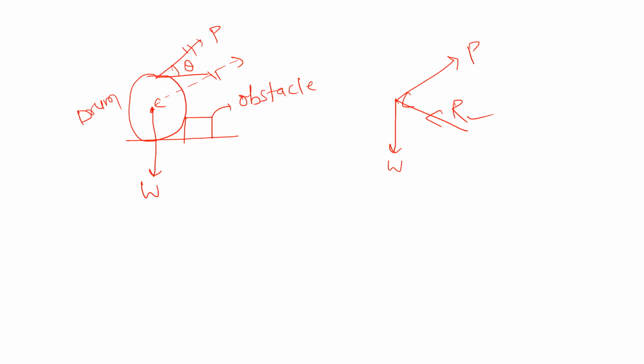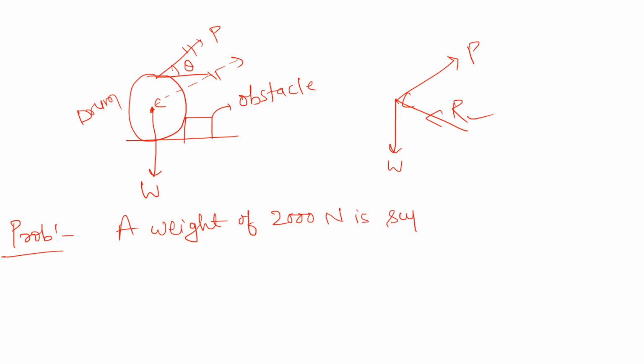So now a single problem: a weight of 2000 Newton is supported by two rods AC and BC.